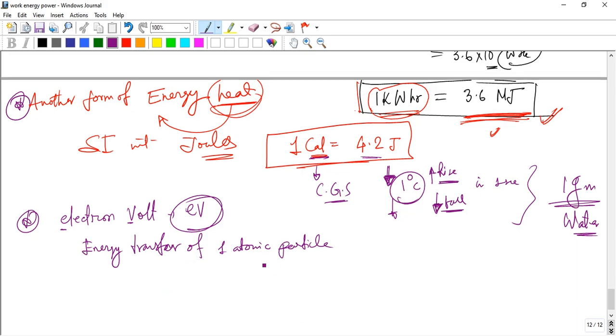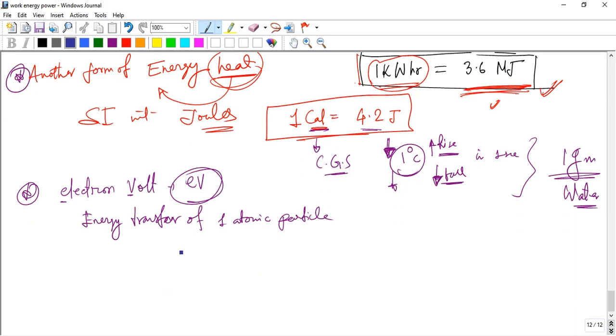This is a very easy concept. 1 eV is equal to the charge of 1 electron times 1 volt.